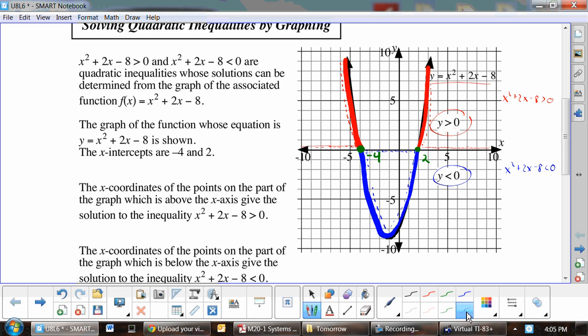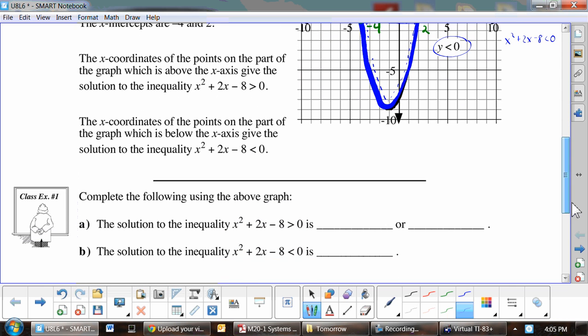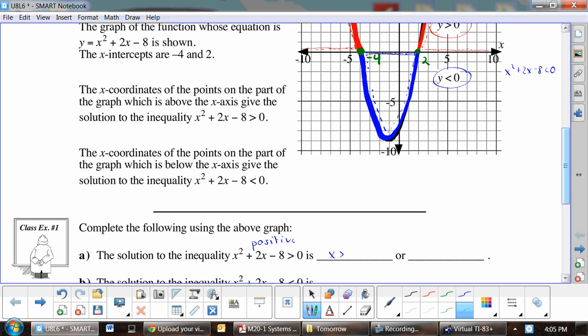Conversely, when x is less than 2 but greater than negative 4, so between the 2 points, we would get a y that's negative, that's less than 0. So we can write this in our notes. When the graph is positive or greater than 0, we know that x is greater than 2 and or x is less than negative 4.